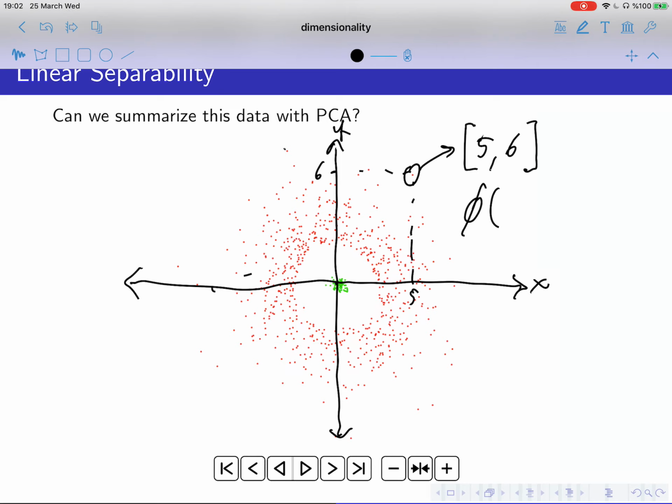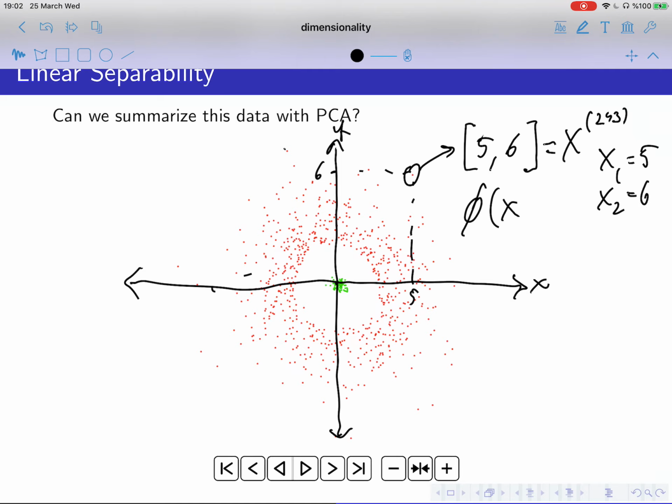Let's call our data points x's, so this is, for example, x^(243), the 243rd point in this set of points, and that's the vector, where x1 is 5 and x2 is 6.